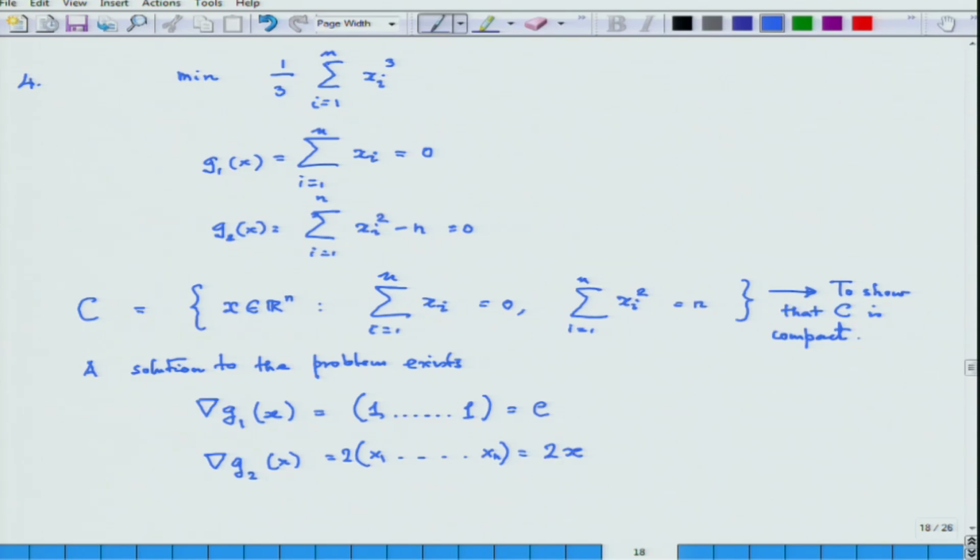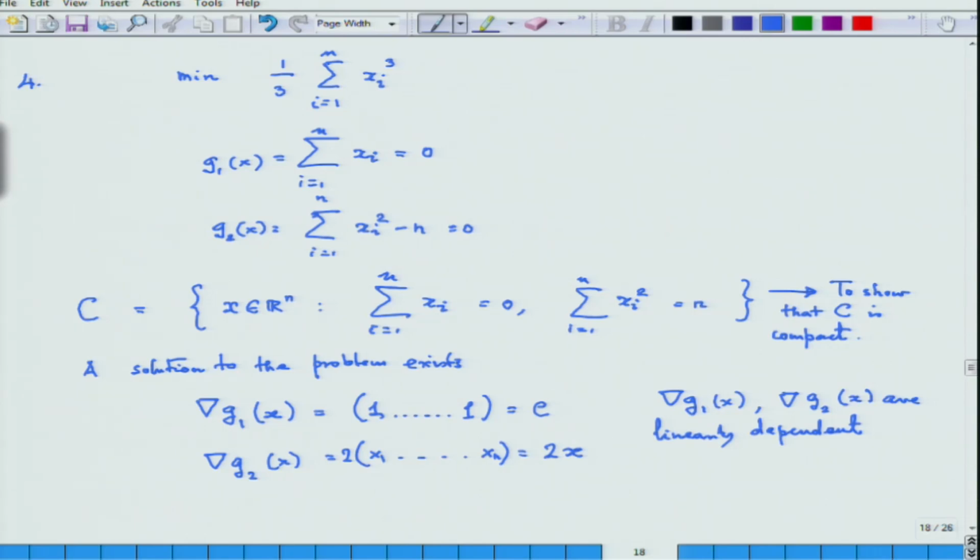When x is a multiple of E, grad G1 and grad G2 are linearly dependent. Suppose x is now the solution and they are linearly dependent. Then we cannot say whether we will always have a normal multiplier or an abnormal multiplier. We can have anything. We will obviously have one abnormal, but we can also have normal. So let us first check whether this is true.